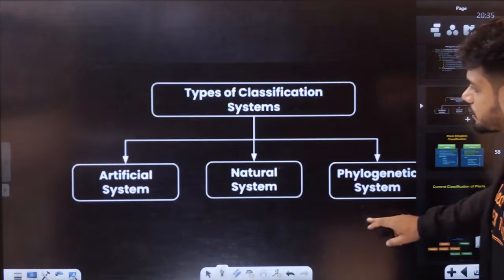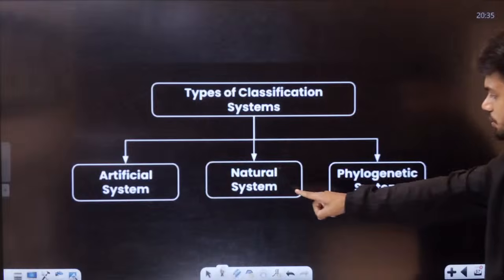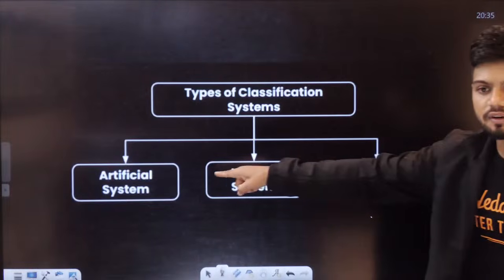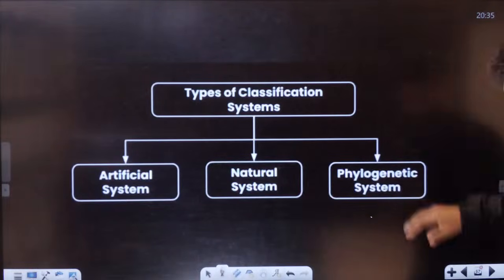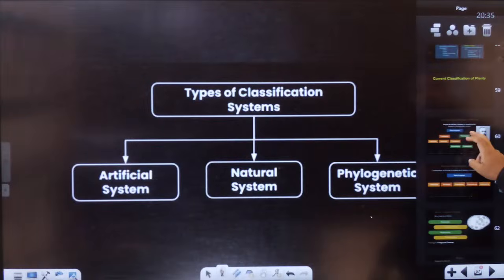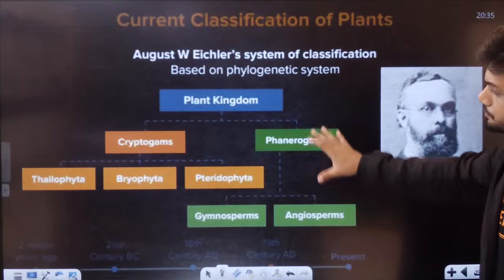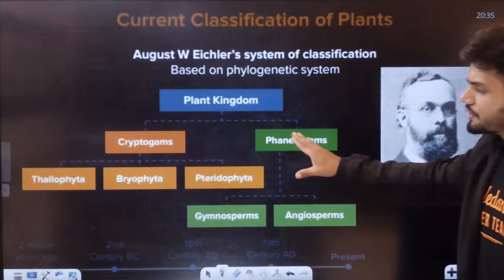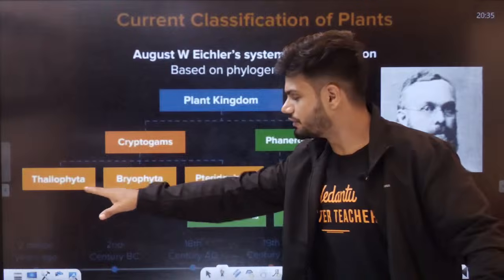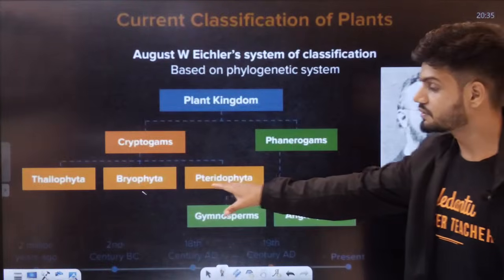Okay, so we learned about artificial, natural, and phylogenetic, three different types of classification today. Now here we also have the current system of classification given by Eichler. Here we have cryptogams and phanerogams. In cryptogams we have thallophyte, bryophyte, pteridophyte, three different types of phyte.